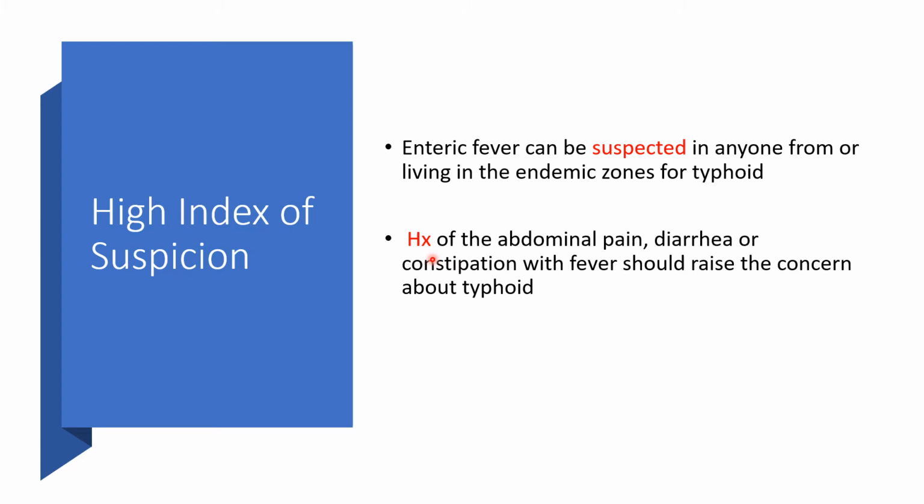If the history in such an individual is that there's abdominal pain that is associated with diarrhea or constipation and also with fever, that alone, the history of presenting illness, will be enough to raise the concern about typhoid fever. And as a matter of fact, in some parts of the world where we cannot do so much in terms of diagnostic procedures, this alone will suffice to start the treatment.